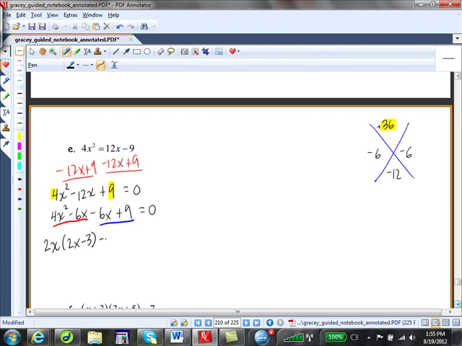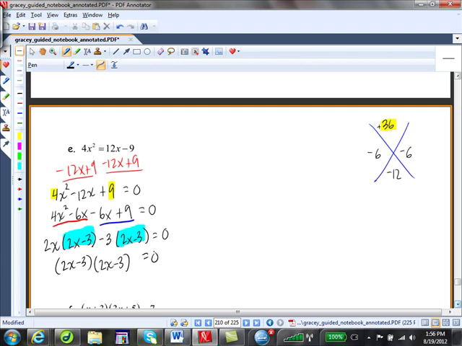And then if I factor out a negative 3 here, I'll be left with 2x minus 3, and that's equal to 0. So then, we now have a common binomial factor of 2x minus 3. When we factor that out, we're left with 2x minus 3.